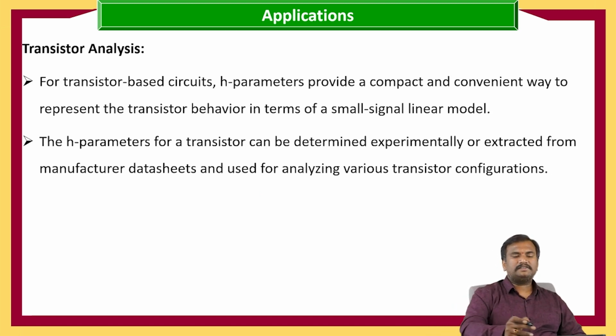The next one is transistor analysis. For transistor based circuits, H parameters provide a compact and convenient way to represent the transistor behavior in terms of a small signal linear model.